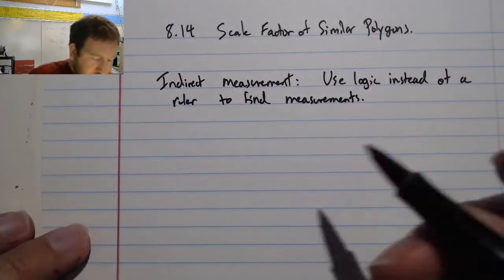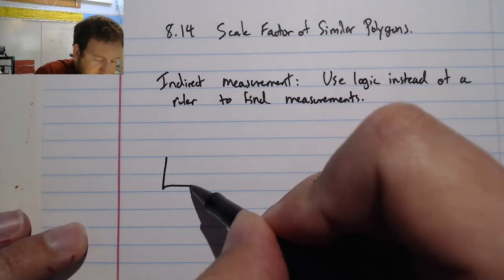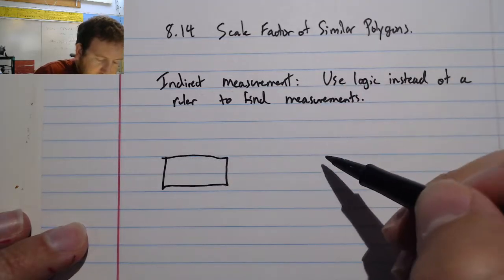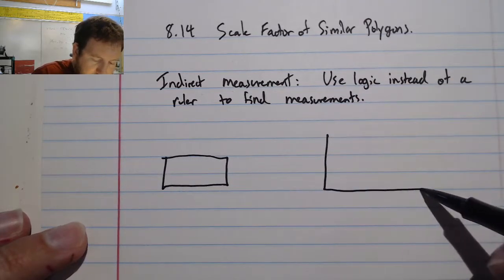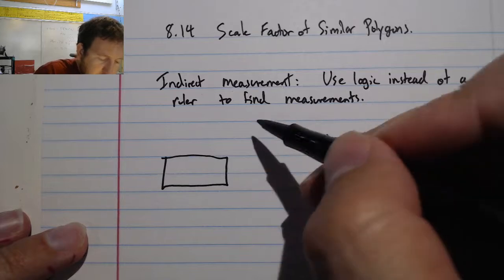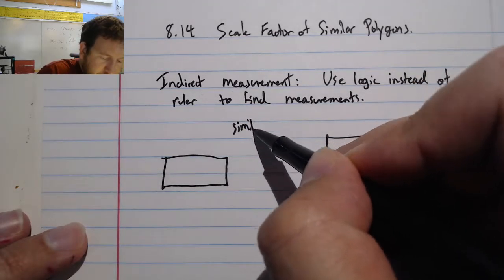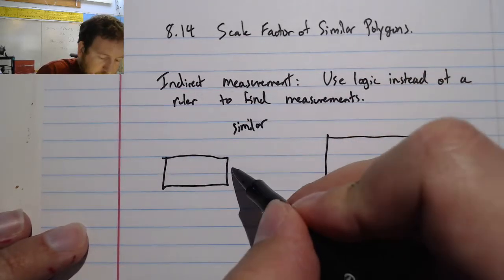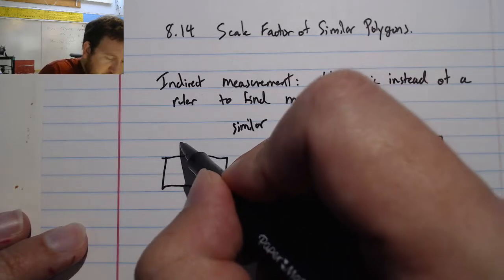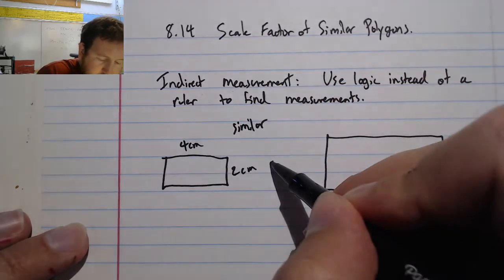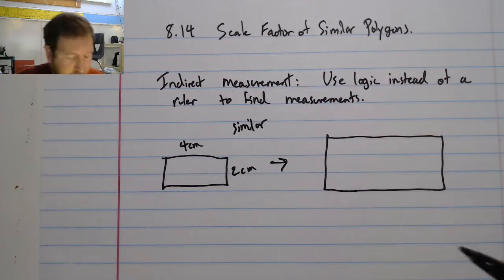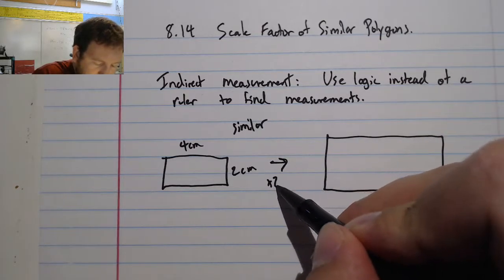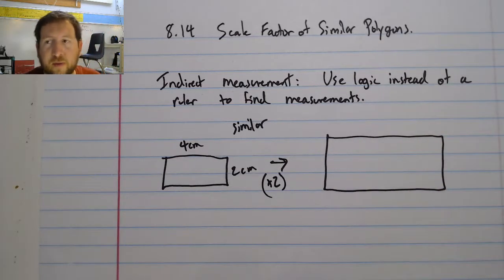For example, if I have a rectangle and another larger rectangle, and I know that these are similar, and the side here is 2 centimeters, this side is 4 centimeters, and say I'm going with a scale factor of times 2 to build this other rectangle.